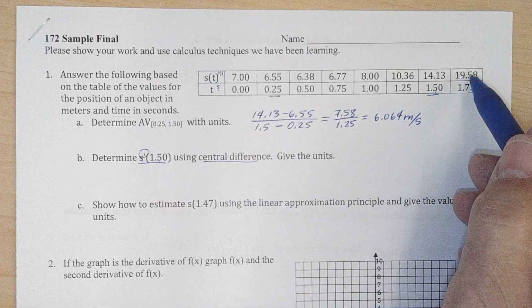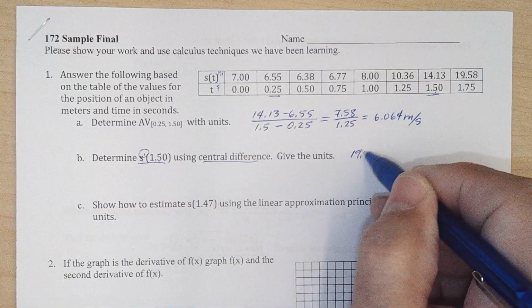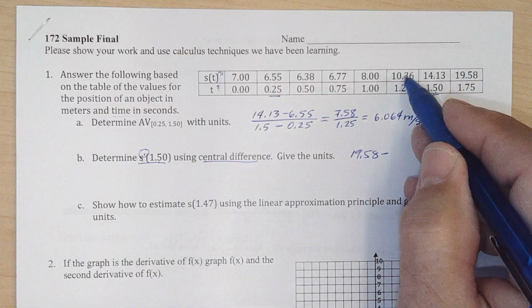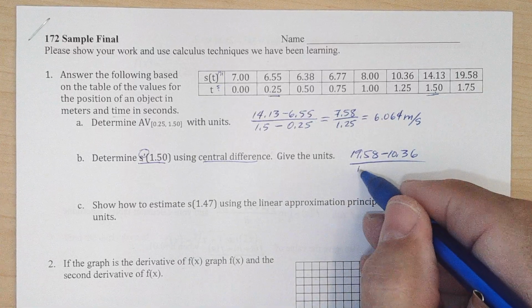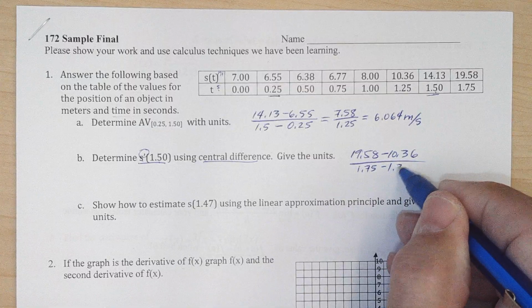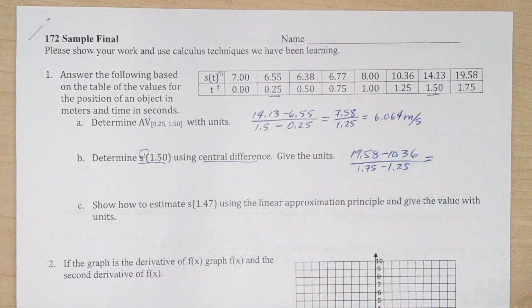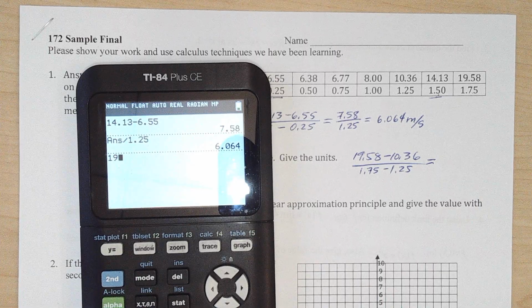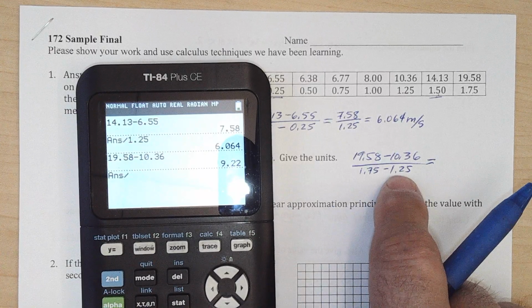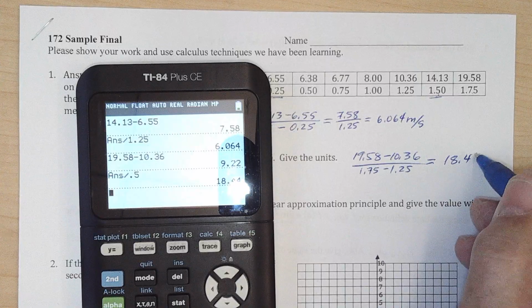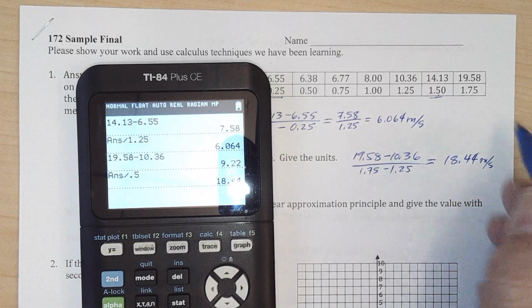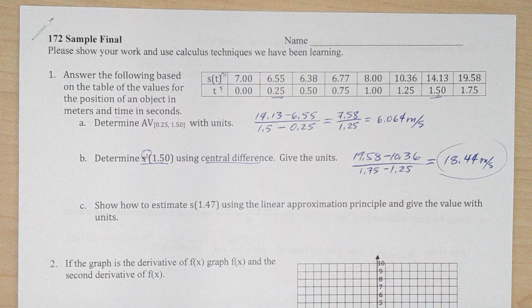So we go beyond it to 1.75, 19.58, minus 1 before it, 10.36, over the difference 1.75 minus 1.25. 19.58 minus 10.36 divided by 0.5, and I get 18.44 meters per second as the average slope between those two.